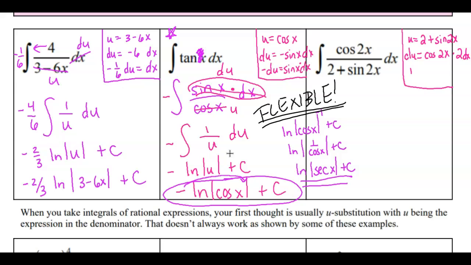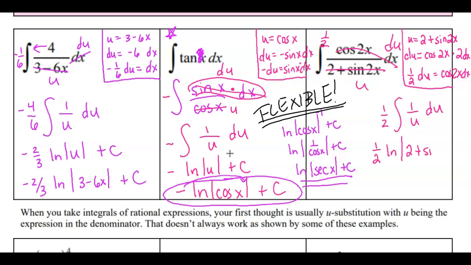So I actually don't need that 2. Okay. So we'll match it up. That's u. That's 1/2 du. So we get 1/2 1 over u du. So 1/2 natural log of 2 plus sine 2x plus c.